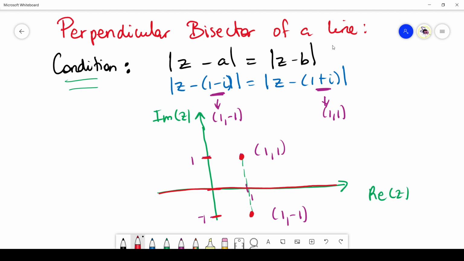So whenever you see something looking like this and they ask you to plot this diagram, it's just going to be a straight line. It's going to be a perpendicular bisector of the line which connects this point to this point. A lot of students forget it's not the connector line, and they connect both points and they say that's the answer. It's the perpendicular bisector. So please do not forget to take note of that.